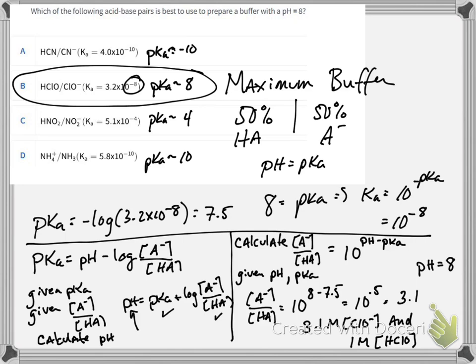So that's often asked for, but this is the key to understanding when do I use Henderson-Hasselbalch. Well, you use it when you're given the ratios and pKa, and you're asked to calculate pH. When do I use the other form that we used in class? That's given pH and pKa, and you're asked to find the ratio.